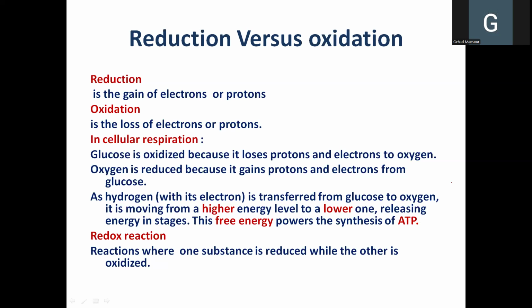And here at this step, it will be important to remind you of certain chemical terms that are important to remember. First of all, reduction is gaining electrons or gaining protons. Oxidation is the loss of electrons or the loss of protons, as you know.